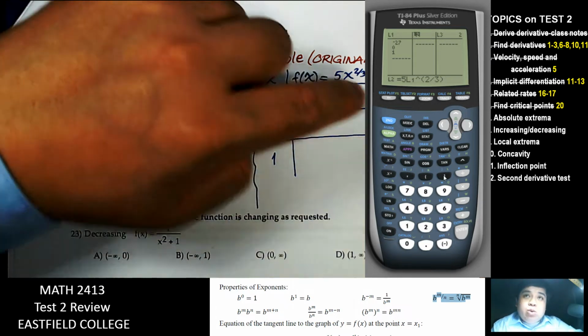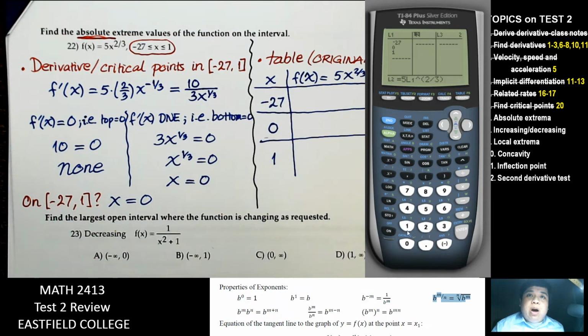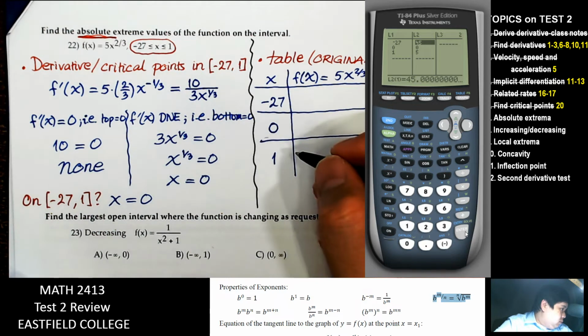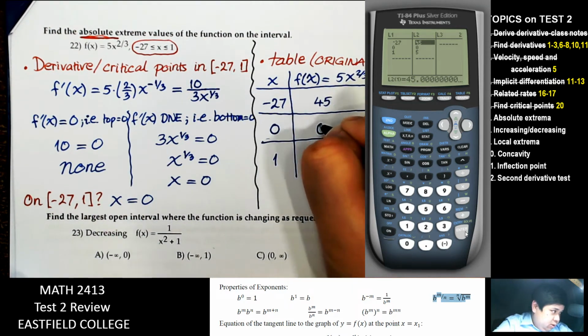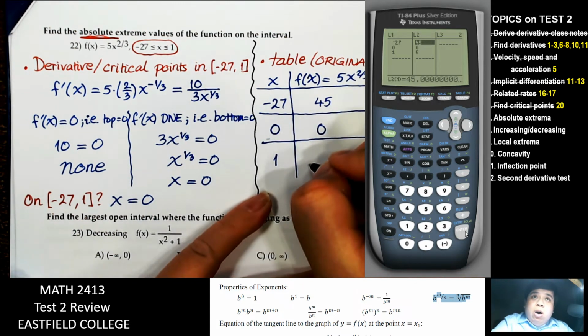To get L1 we hit second and then number 1. We see L1 on the top there. Hit enter. We get 45, 0, and for 1 we have 5.